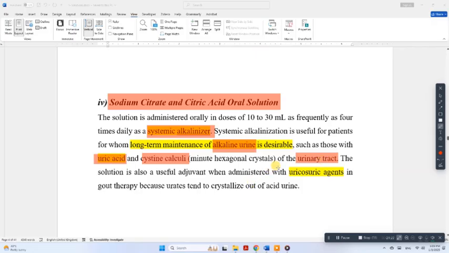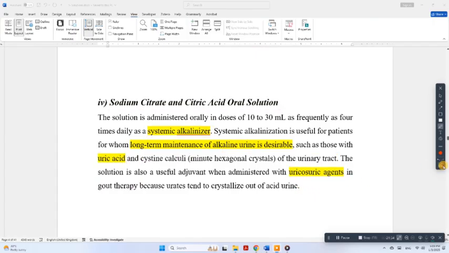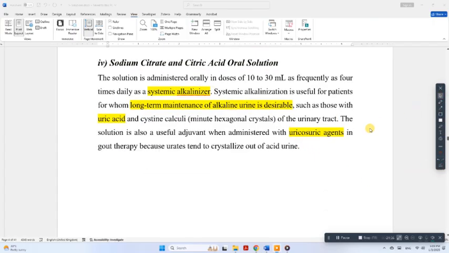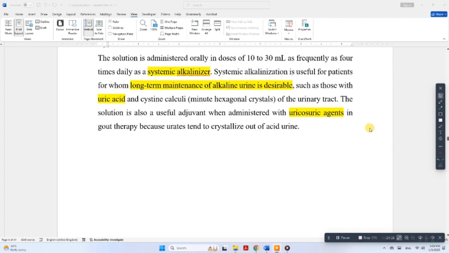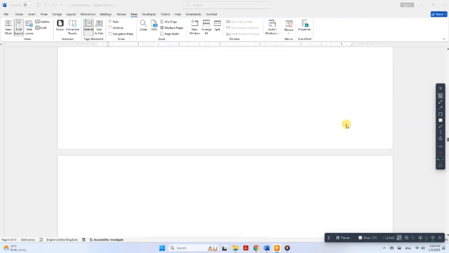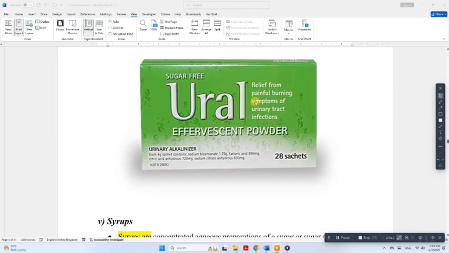Agents that are used to treat gout, such as probenecid, will increase the secretion of uric acid in the urine. Again, in order to prevent the crystals from forming, you usually administer with it a systemic alkalinizer such as sodium citrate. Uricosuric agents are used in the condition called gout. You will see that these are sachets, so you have to dissolve them in water, and you will realize that this is actually an effervescent powder.